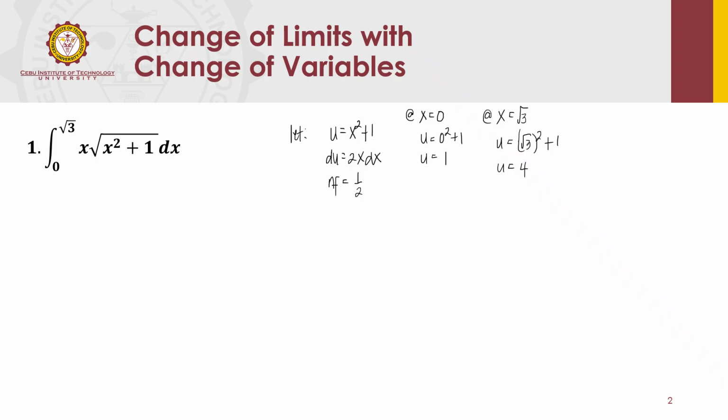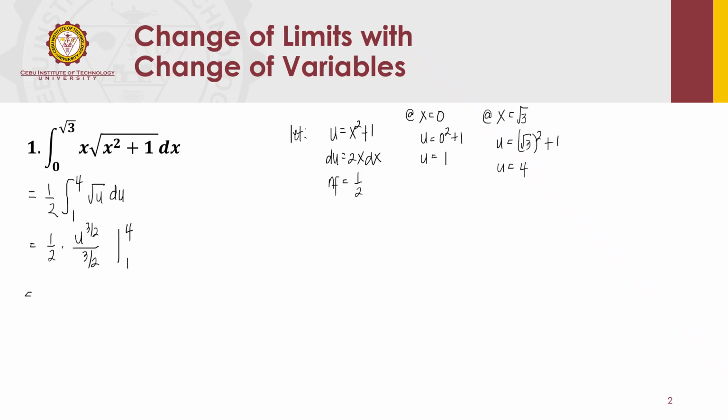So this integral would now be 1/2, and then square root of u du, and the new limits are 1 and 4. Upon evaluation, this is using the power rule, so that's u to the 3/2 over 3/2, and then evaluate from 1 to 4.